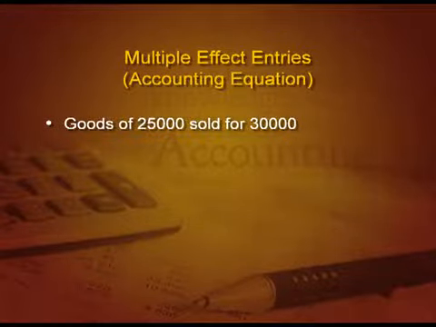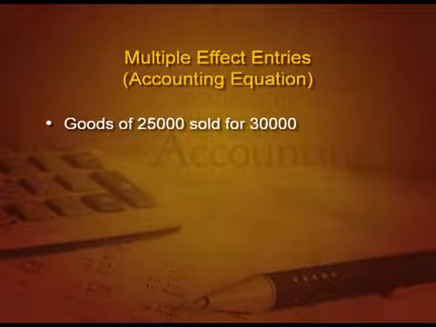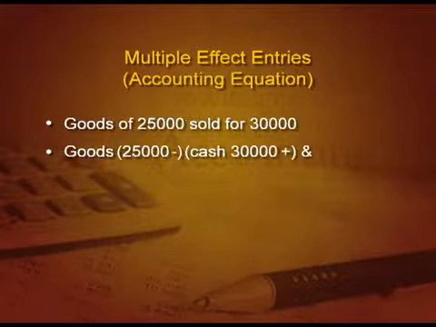Let us see those. Goods of 25,000 sold for 30,000. Now, this entry is going to affect 3 points. First, goods 25,000 will be subtracted, cash 30,000 will increase, and we have earned a profit of 5,000 which will increase our capital.